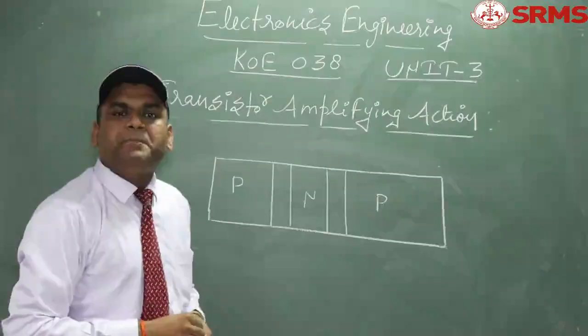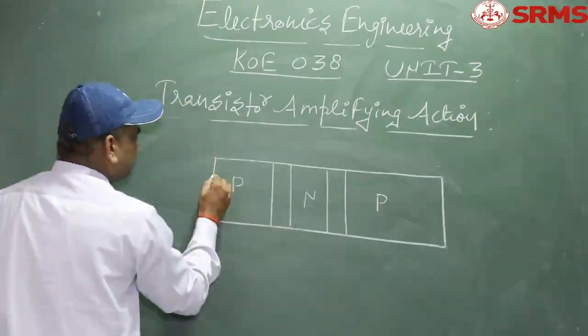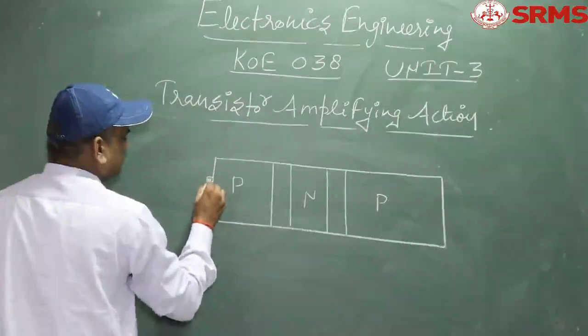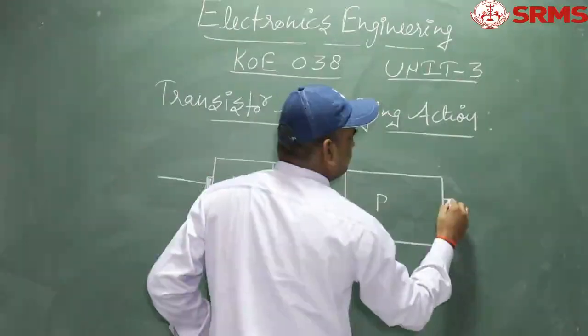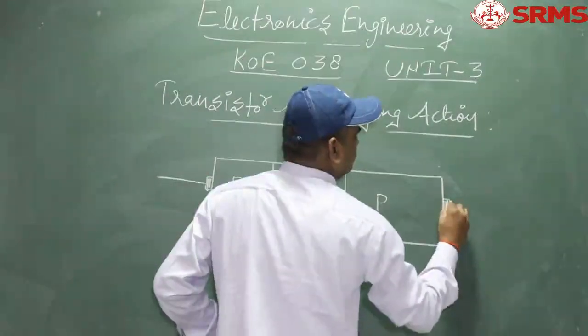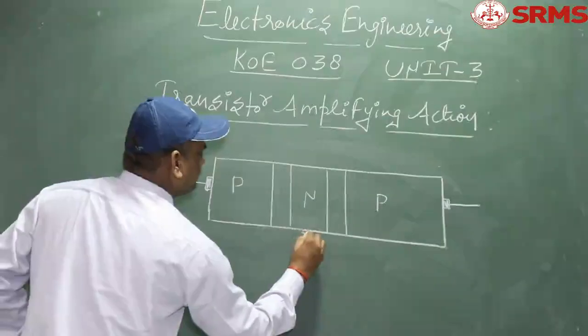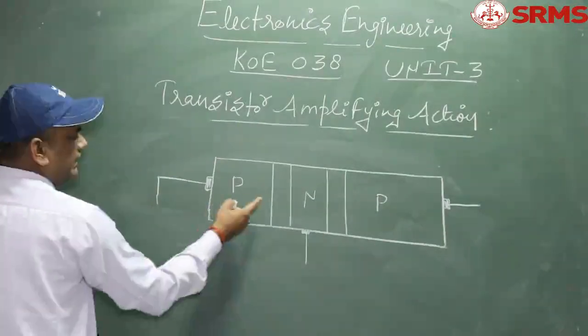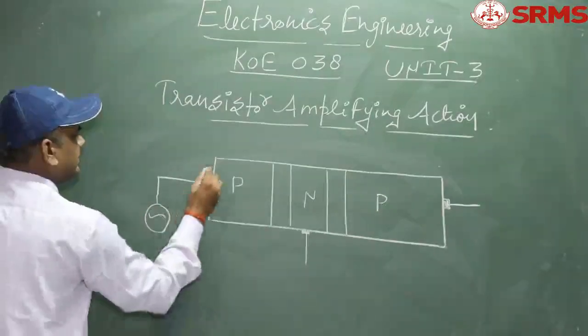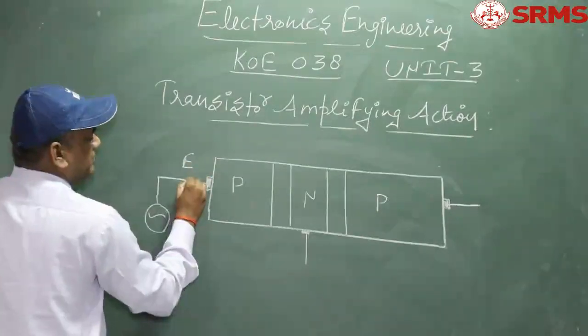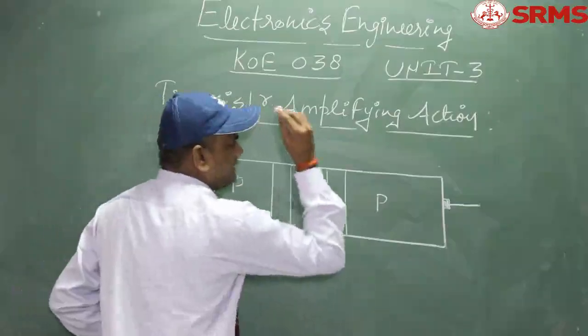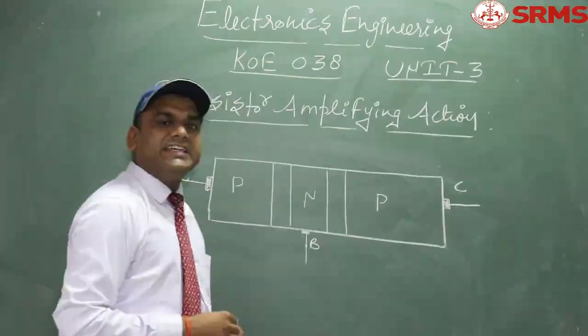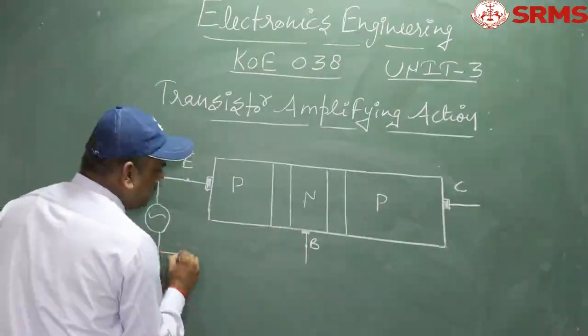This is basically a PNP transistor. Here the emitter base junction must be forward biased, because this terminal is known as the emitter, this terminal is the base, and this terminal is the collector. So the base is common.